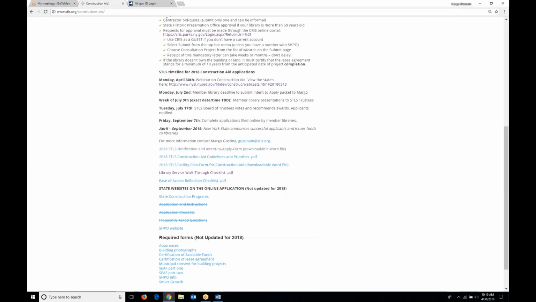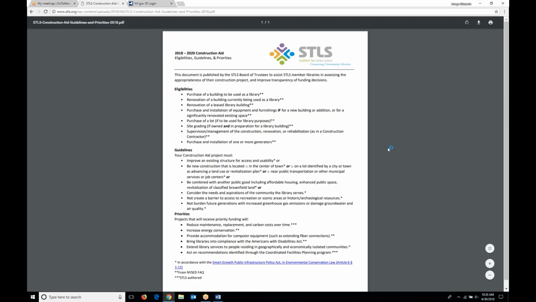Got it. All right, next, construction aid guidelines and priorities. You are eligible to apply for construction aid for broadband expansion projects. That includes data drops and other data-related construction. We are the first system to use that part of education law, commissioner's regulations and education law, to pay for data drops.